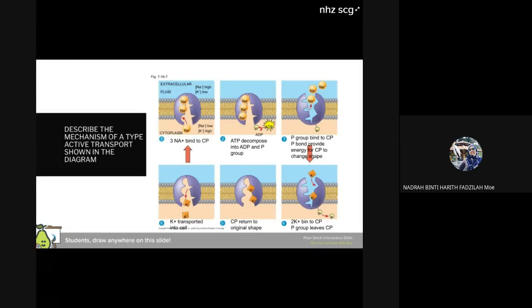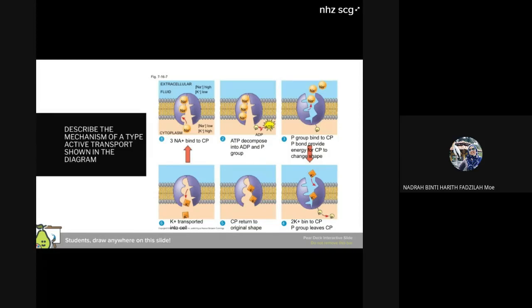This particular active transport occurs in our neuron, on the surface of our neuron, to produce different charges. Maknanya dekat bahagian luar lebih positif dari bahagian dalam, because outside have 3 sodium ions, 3 positive.